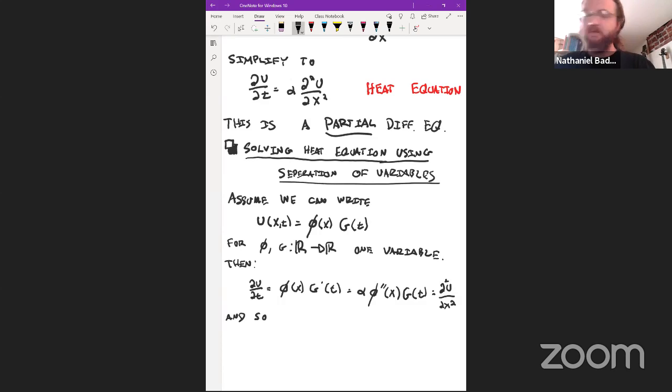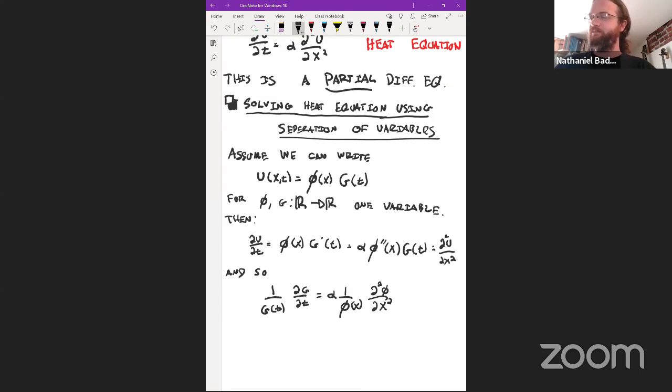So we have, what's my alpha to actually be on the correct side? 1 over g of t dg dt is supposed to be equal to alpha times 1 over phi of x d squared phi dx squared. Okay.